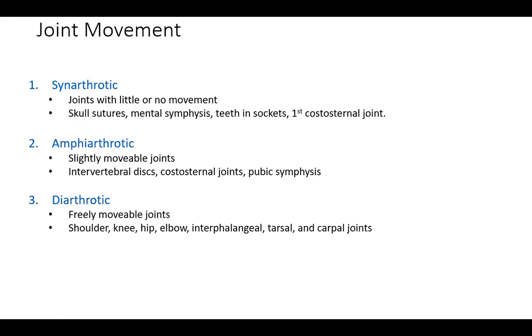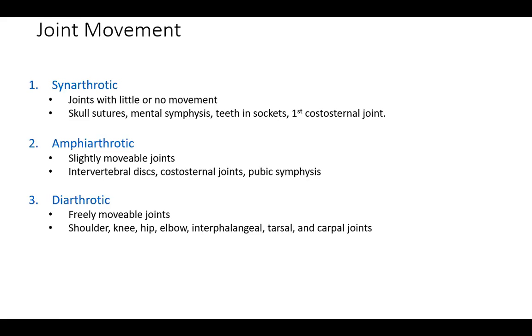The freely movable joints are everything else. They are the diarthrotic joints. The shoulder, the knee, the hip, the elbow, the fingers and toes, the interphalangeals, the tarsal bones and the carpal bones. These are all freely movable joints, and we move around all the time. Most of the joints in our bodies are diarthrotic.